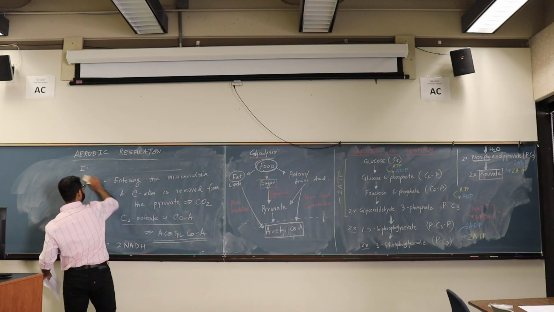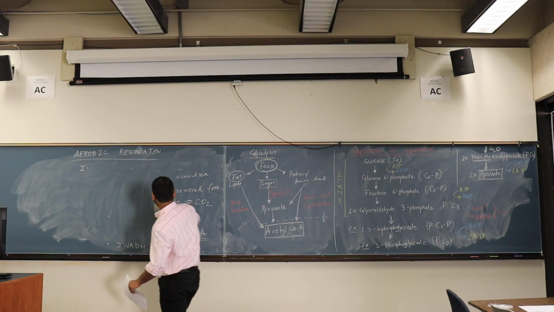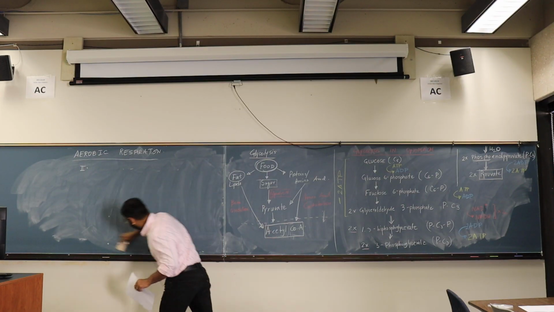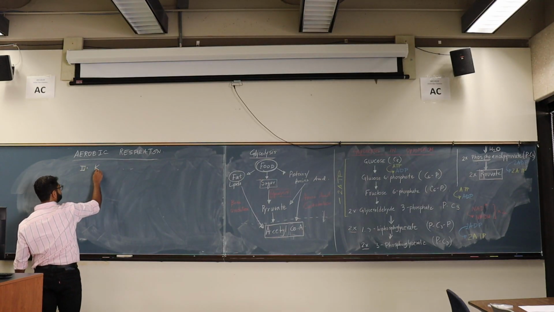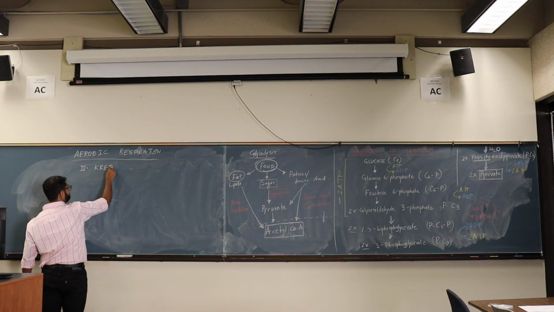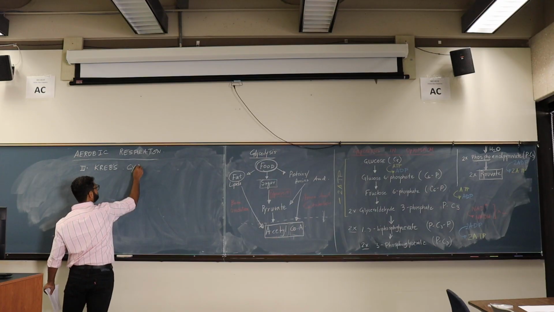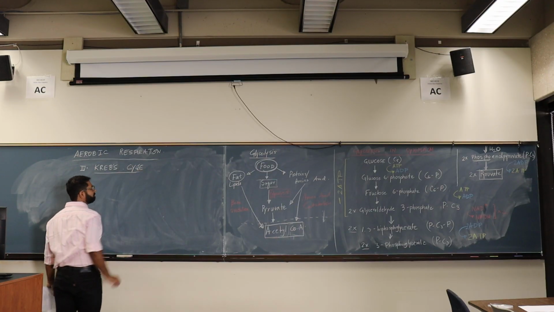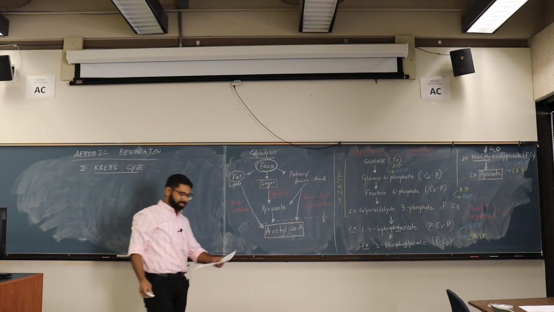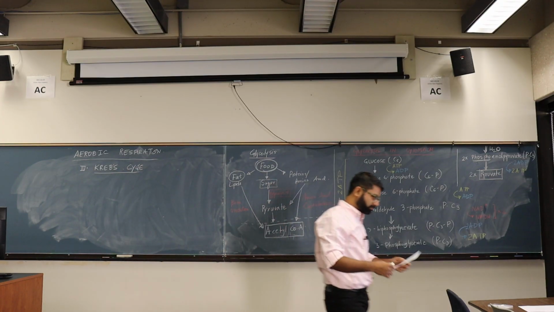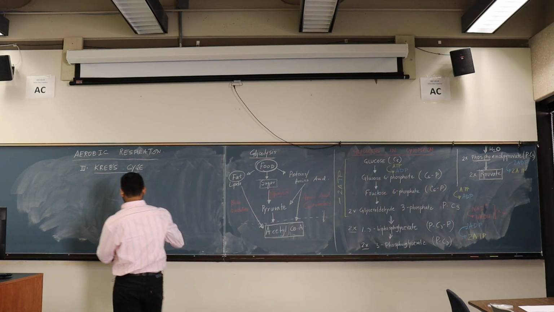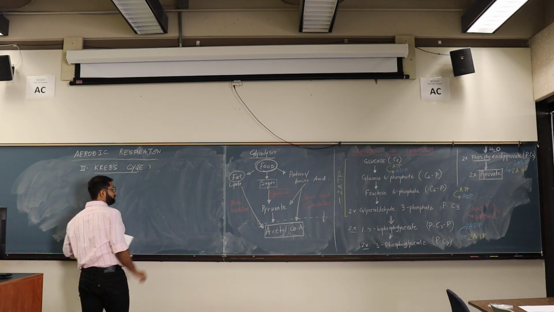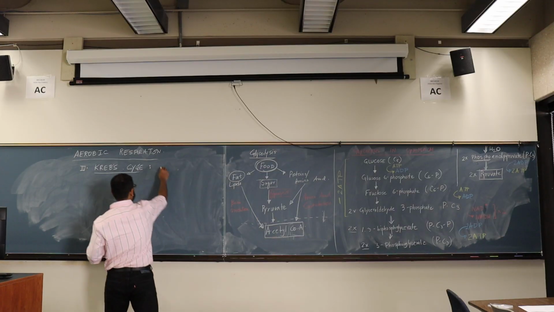The first or the third step that happens in the mitochondria is called the Krebs cycle. What is the other name of Krebs cycle? The TCA.